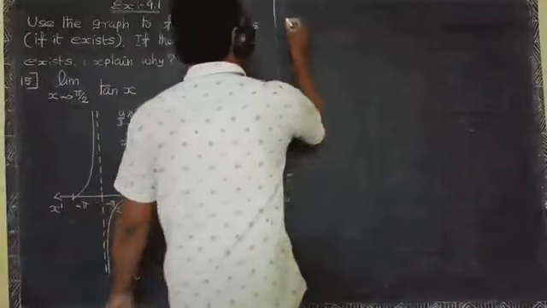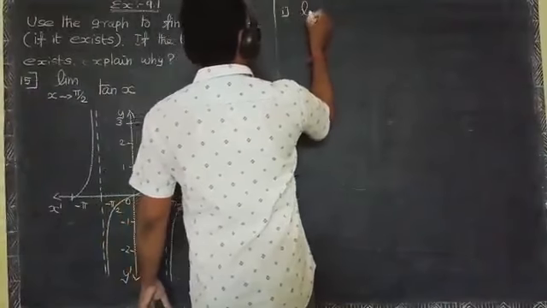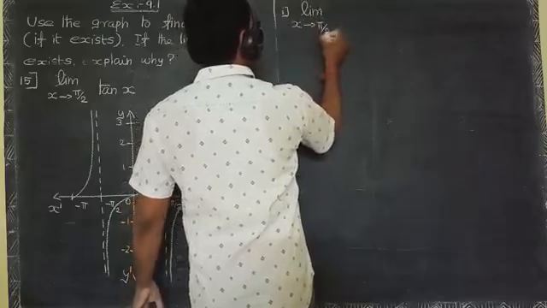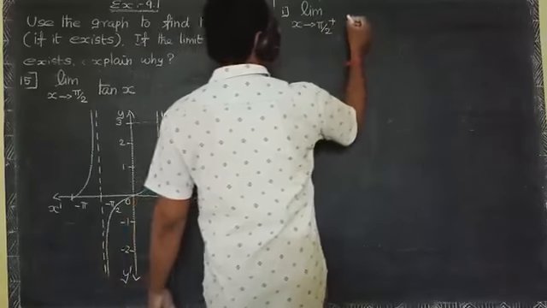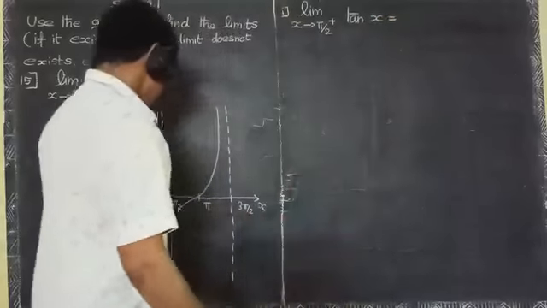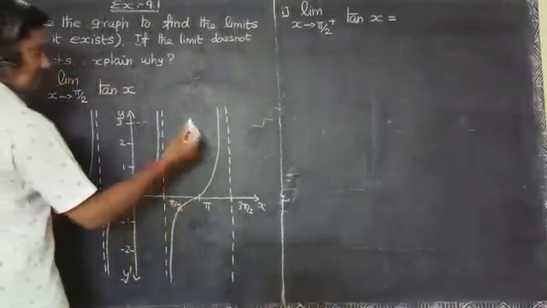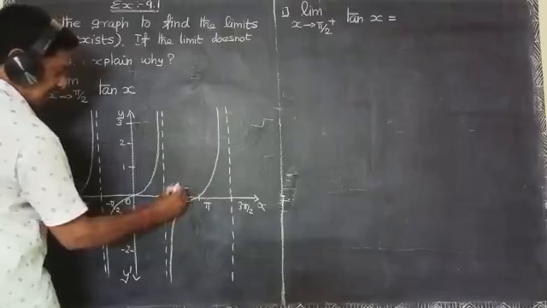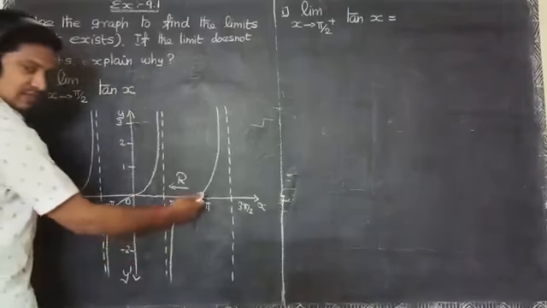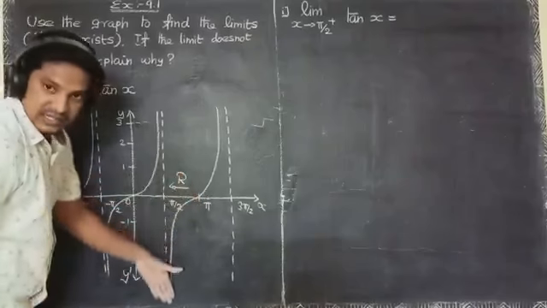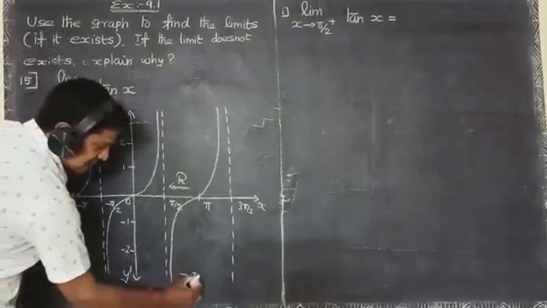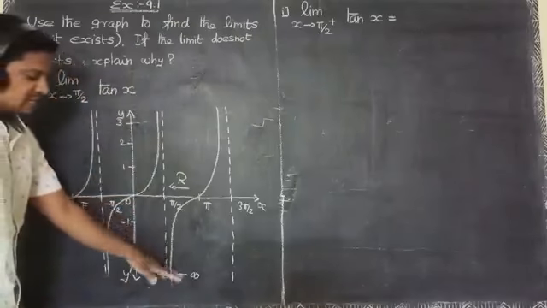In the statement, the first one, limit as x approaches pi by 2 plus, which means from the right side, of the function tan x. On the right approach, the curve goes downward and at a particular stage reaches minus infinity.